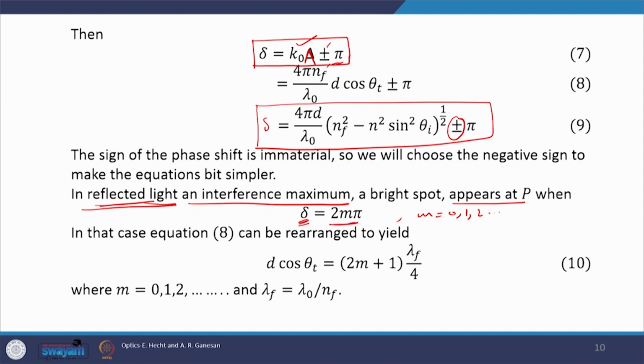Now, let us substitute the expression of this phase difference from equation 9 in here with a minus sign before pi. If you do this after a bit of rearrangement, we get this condition. This is the condition of maxima in reflection.